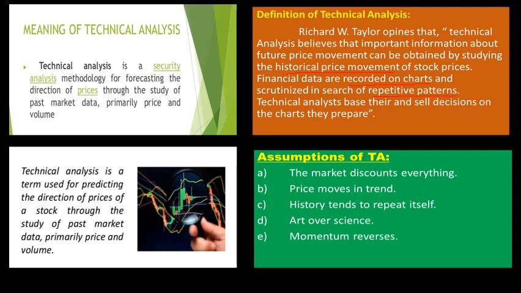For example, if there is a downfall in the price of a security today, then they assume that it considers a lot of factors, internal and external factors. Because of the influence of some factors, the price has been reduced today, and the price of the security fell down due to some factors. So the market discounts everything, not only company factors, internal factors, but also external factors.